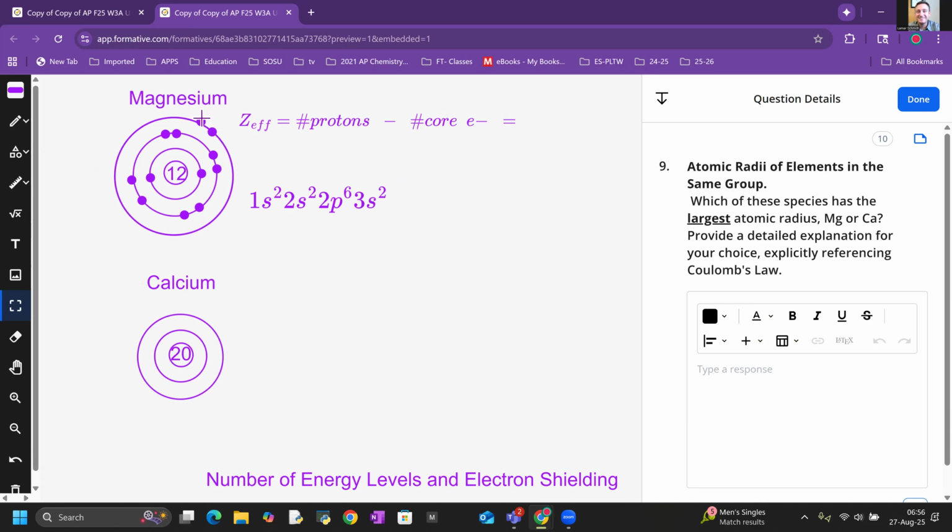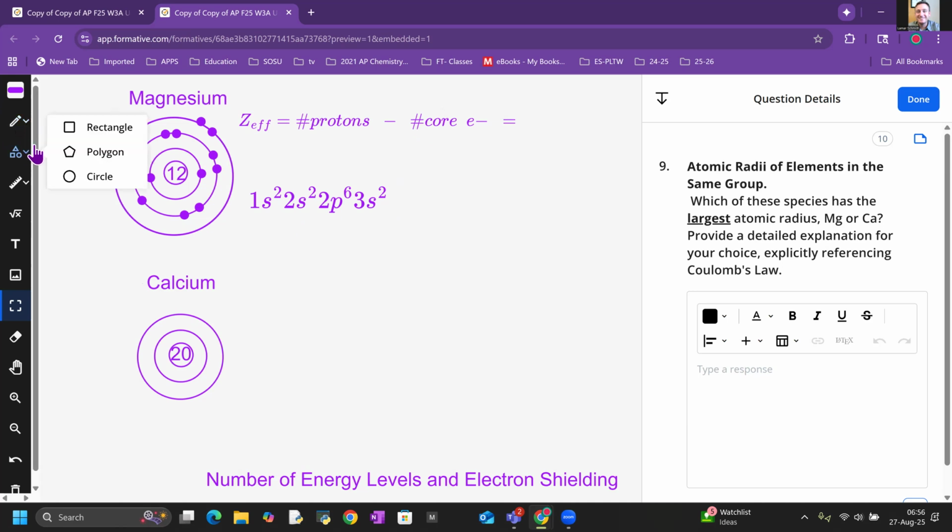Valence electrons are the electrons in the highest energy level or the outer shell, and core electrons are all other electrons. So if we look at it from an electron configuration standpoint, we would look at the highest energy level, that's the biggest number, it would be 3. And then there are 2 electrons there. And so we would say there are 2 valence electrons.